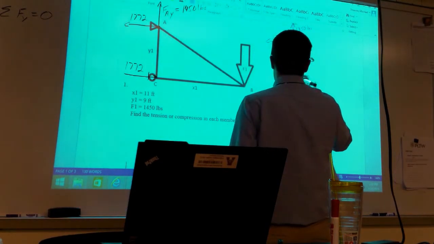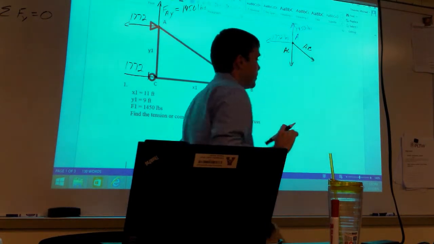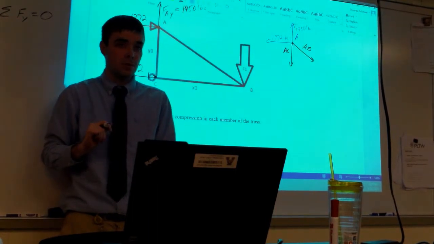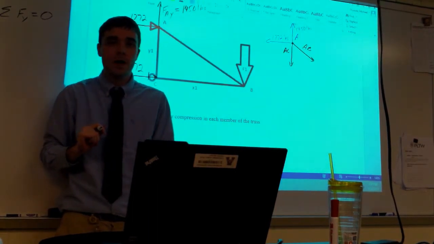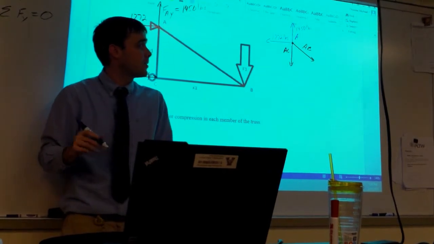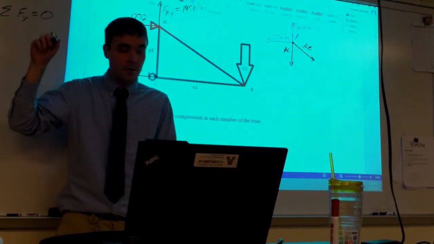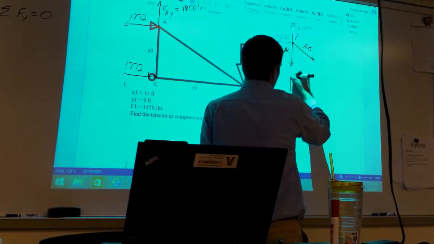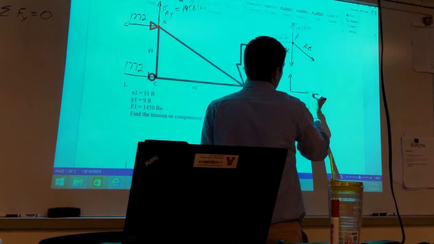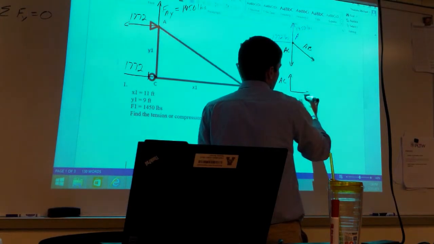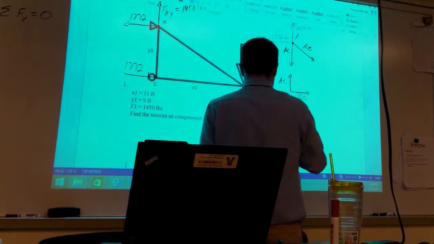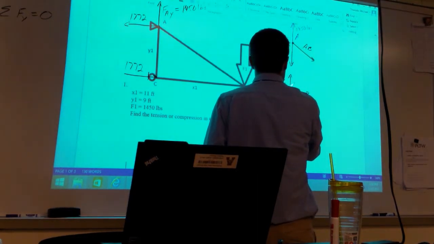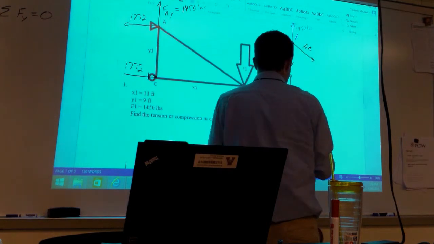We do the same thing down here. Actually, before I move on, why did I draw A and B both pointing away? Because you assume it's in tension. We assume it's in tension to begin with, so when we start, everything is going to be pointing away from the joint. Now this bottom corner, this is AC again, this side is BC, and we have 1,772 pounds pointing in like that.